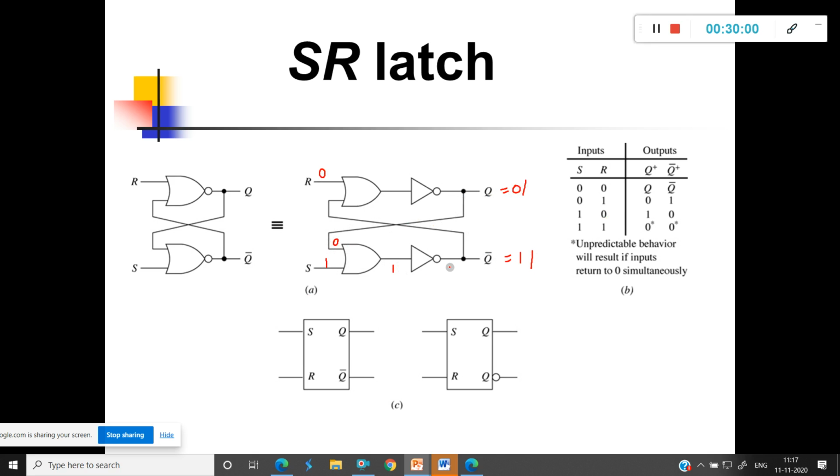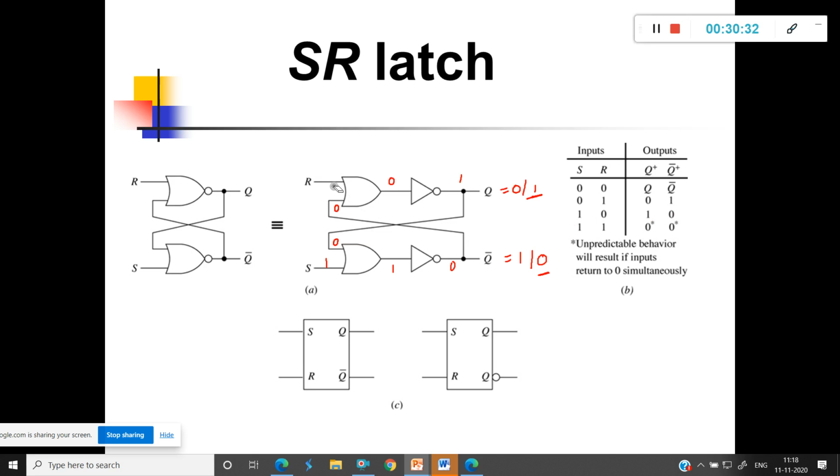Then I will get 0 here. This 0 is applied as one of the inputs to this OR gate. 0 or 1, I will get 1 here, and 1 bar is 0. So what I got is Q is 1, Q bar is 0. So it is written here Q is 1, Q bar is 0. Q is 1 means it is in the set state.